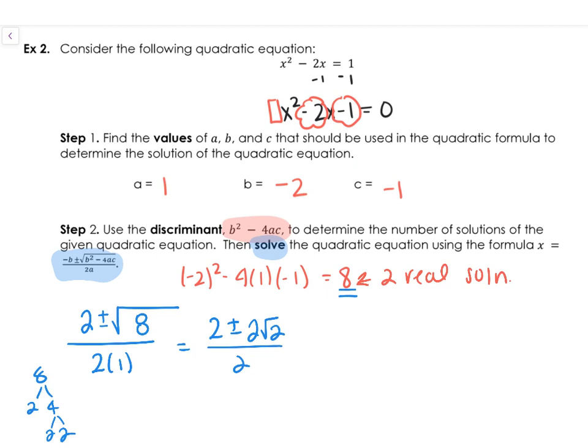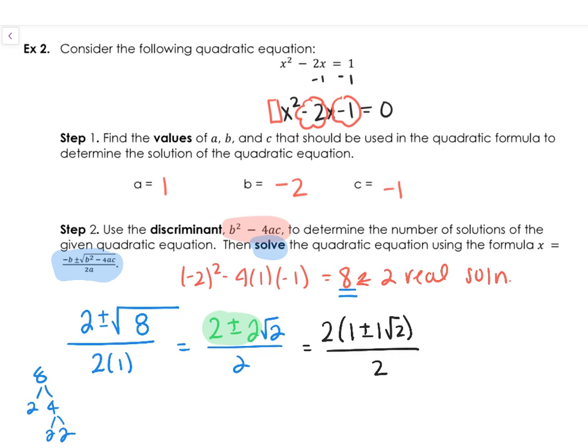Now again, I look at the numbers on top outside the radical. Well, 2 and 2 have a 2 in common, so I'm going to factor a 2 out of both of those things highlighted in green, which gives me 1 plus or minus 1 square root 2 all over 2.